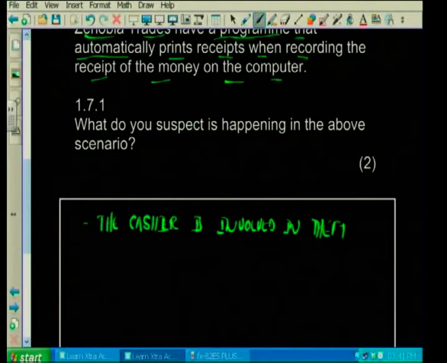The cashier is writing out a handwritten receipt, okay? Whereas there had to be a printed receipt. Now, this means that definitely in this scenario, the cashier is involved in theft. Why? Because those amounts are not reflecting on the statements of your debtors. So clearly, there's a case of embezzlement of funds. Money is going astray. Money is not coming into the business where it's supposed to come into the business.